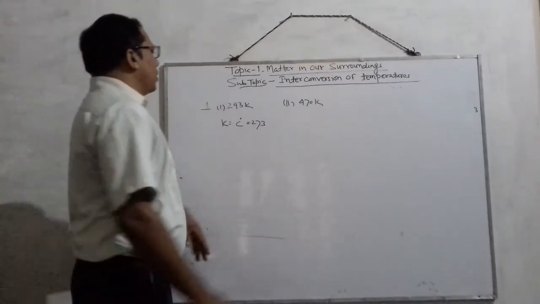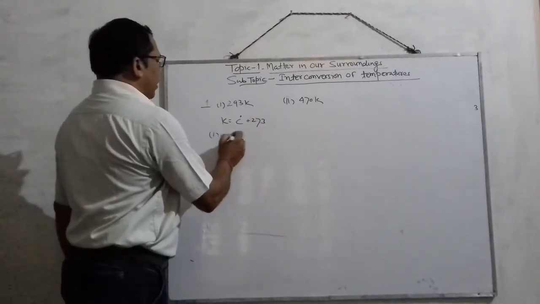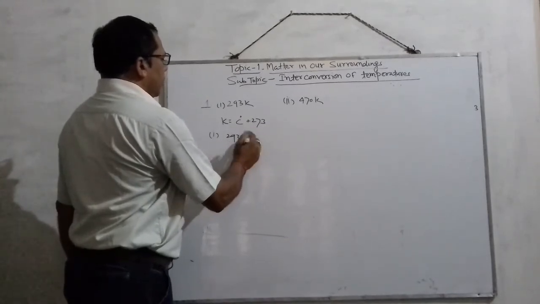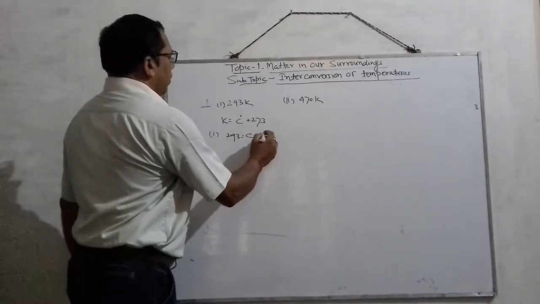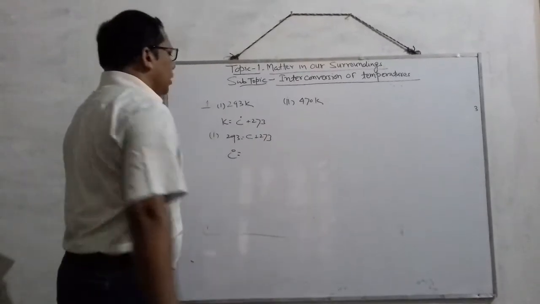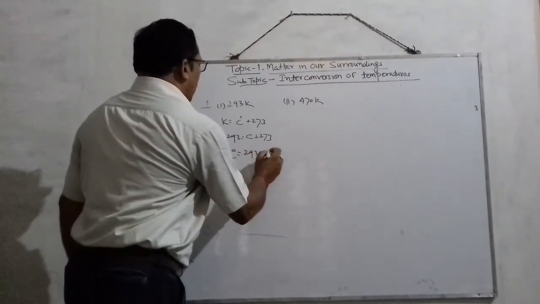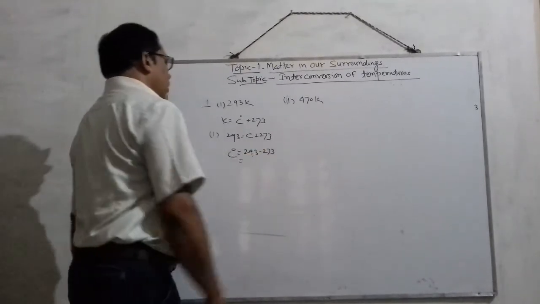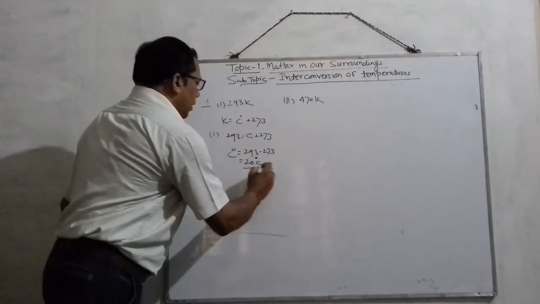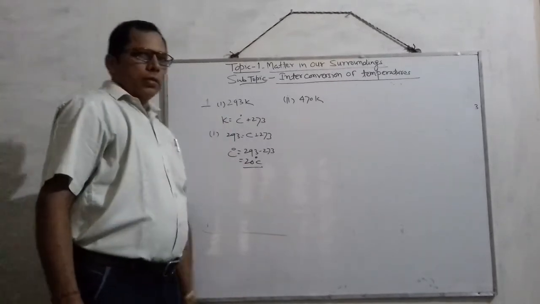So put this value. Suppose we first find the first value. K is given 293, which is equal to degree Celsius plus 273. So the value of degree Celsius will come 293 minus 273, that is 20 degrees Celsius. So this will be the answer of the first question.